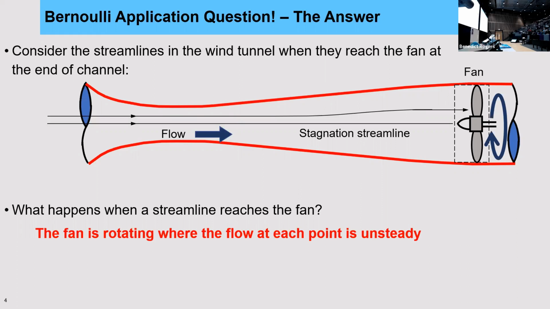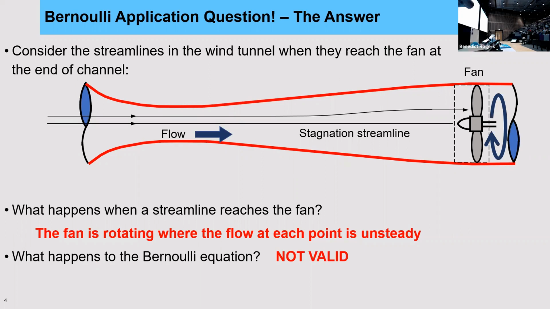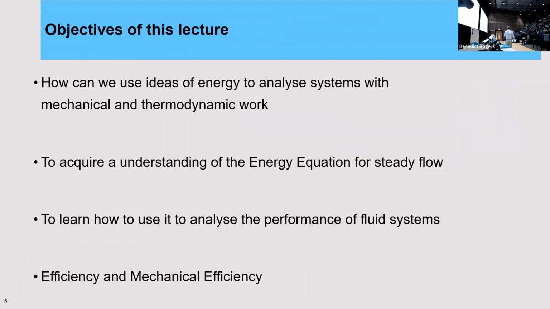The flow is steady, in effect, at the entrance and all the way along the streamline, but once you get to this area here by the fan, the flow is no longer steady, and so applying the Bernoulli equation is no longer valid. So what happens to the Bernoulli equation? Not valid.